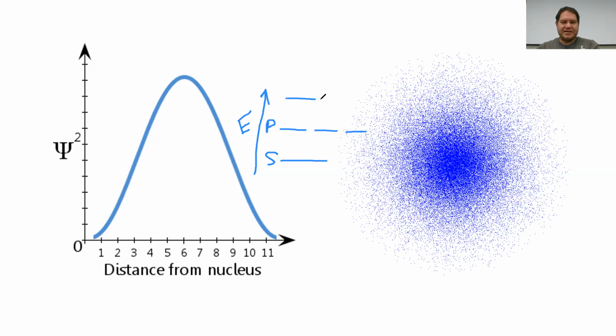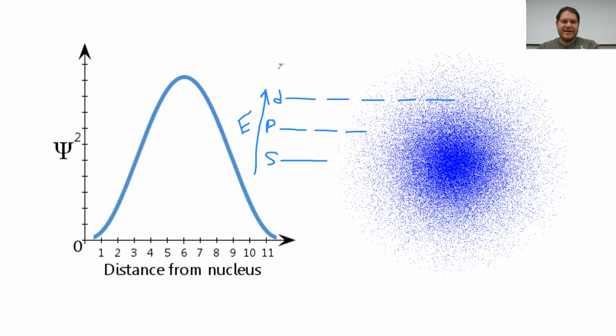The D subshell has 5 orbitals: 1, 2, 3, 4, 5. The D orbitals have more energy than the P or the S. So an electron in a D subshell has more energy than an electron in the P subshell. But if you have an electron in these different P or D orbitals, they all have identical energies.